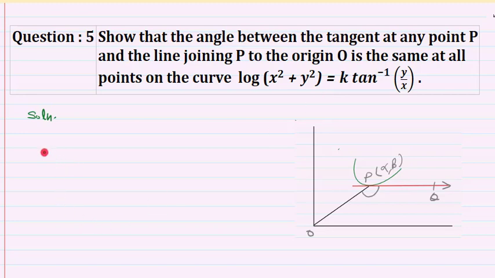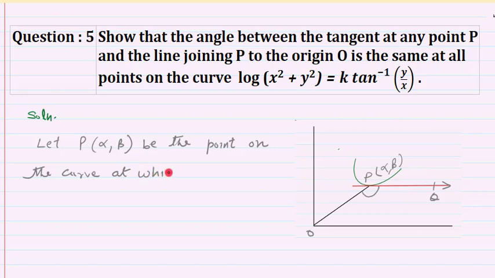So let P alpha beta be the point on the curve at which the tangent is drawn.